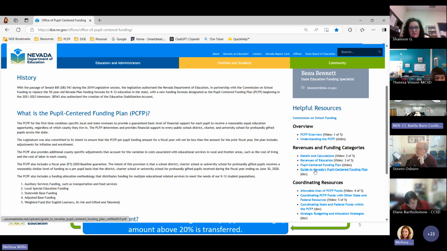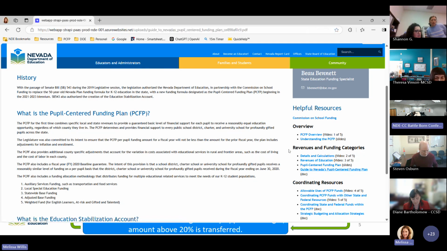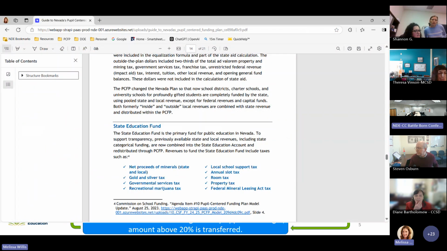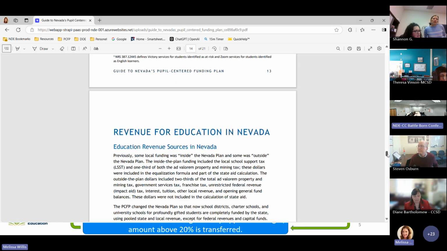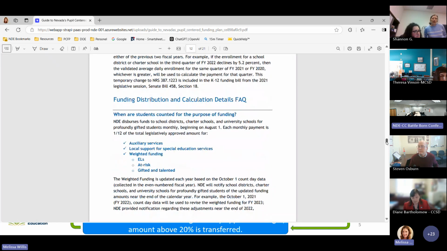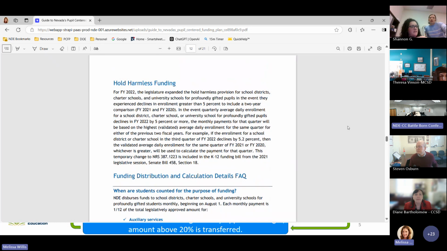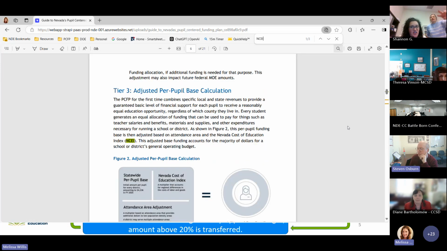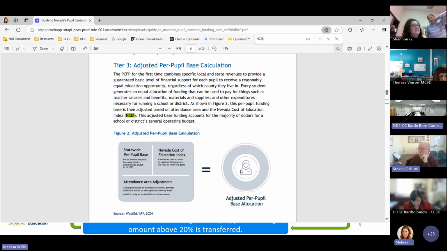But this guide is rather lengthy, and everybody can go in here, and what I like is I can do a keyword search and jump right to it. So for instance, you asked a question on rural proportion. This piece jumps into the tier 3 adjusted base calculation, and you can read a little bit more here about how that works.